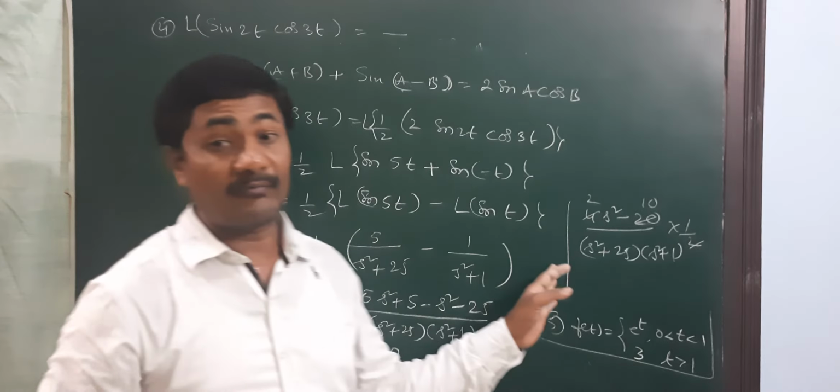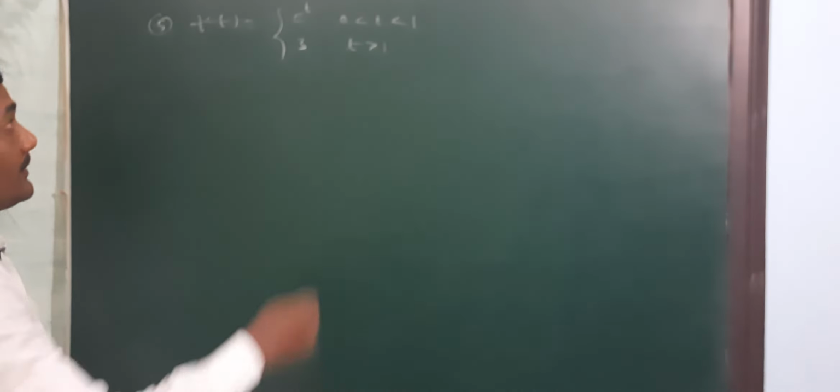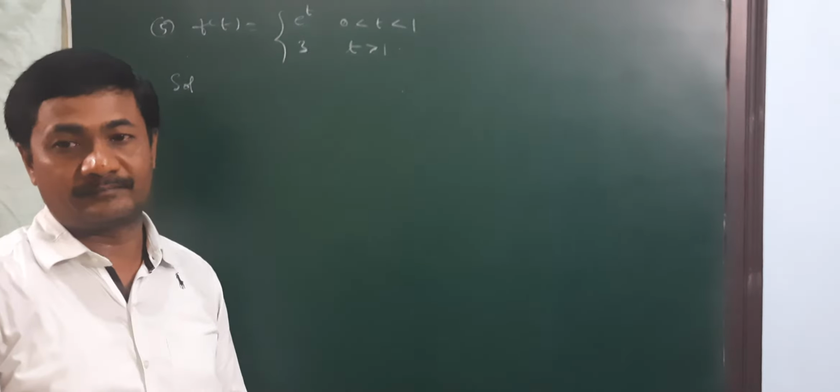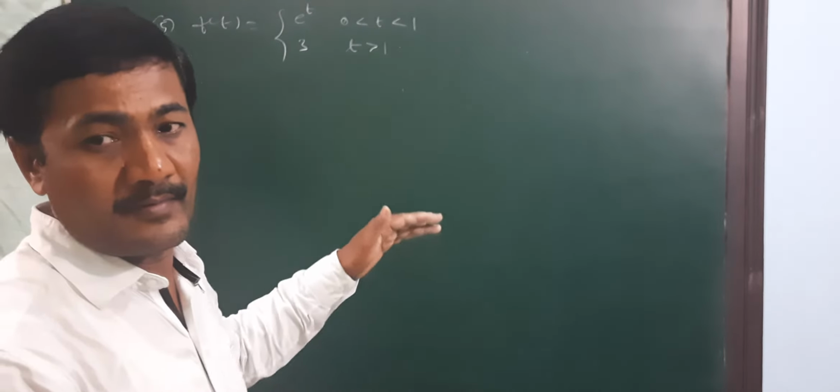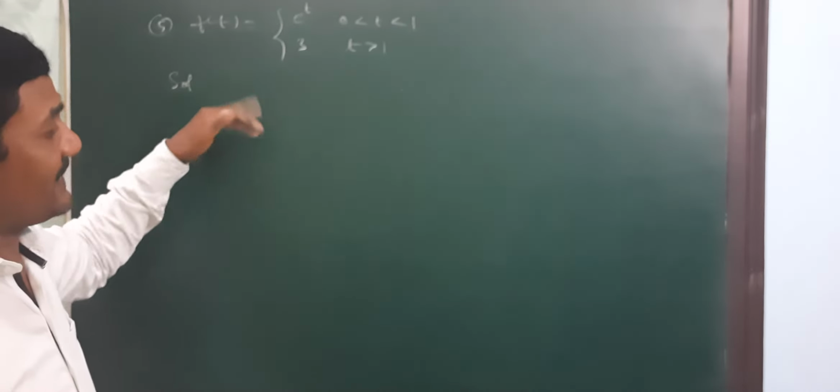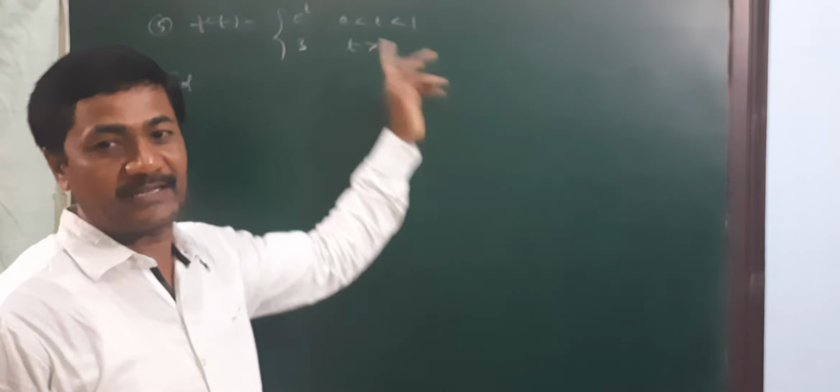This is the final answer for question number 4. For the final question we have f of t defined by a model: the first 4 problems are one model and this is another model.